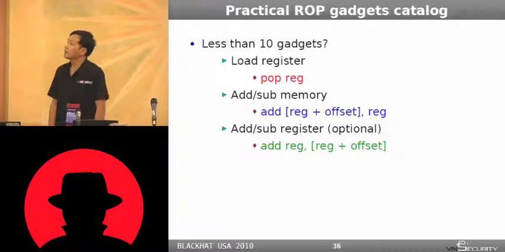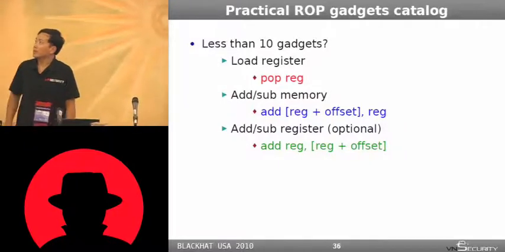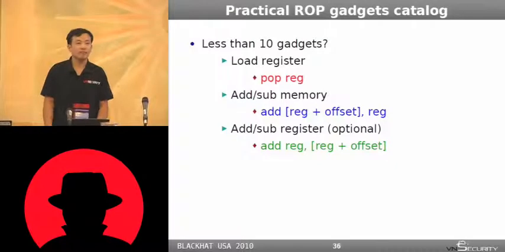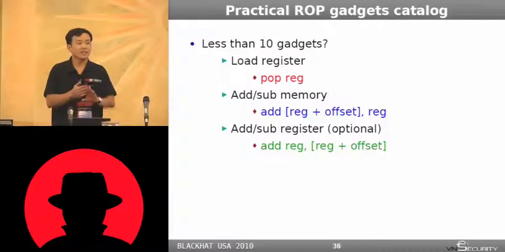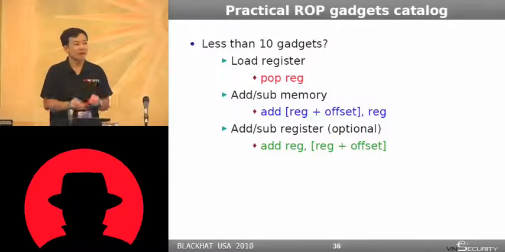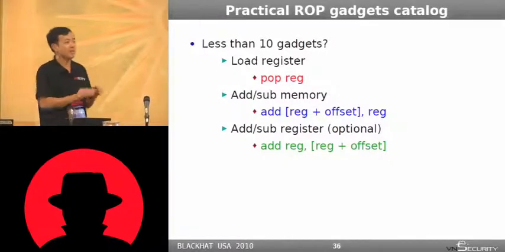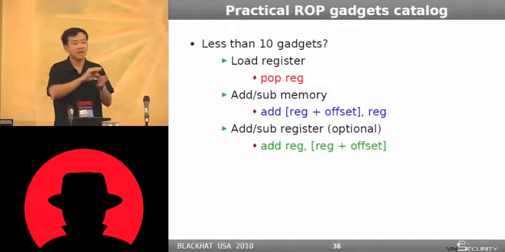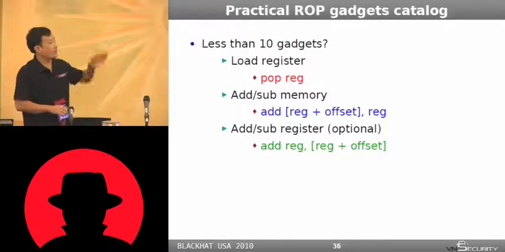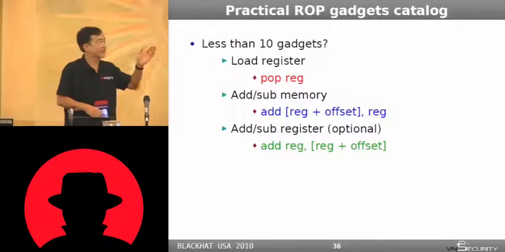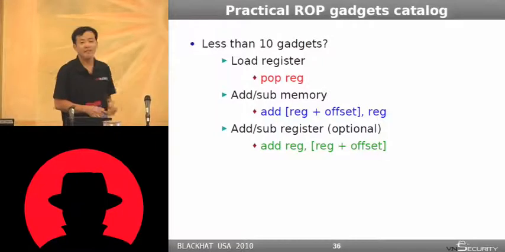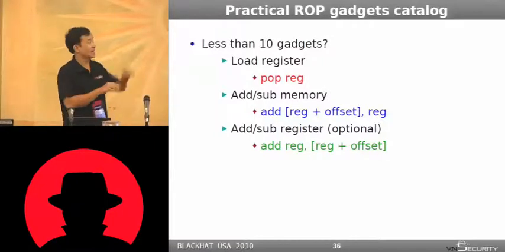So, how about the practical gadget catalog? It seems that return-oriented programming is missed. People make the exploit manually, and lots of gadgets have to be found in the binary. But with our technique, you need fewer than 10 gadgets for a practical exploit.